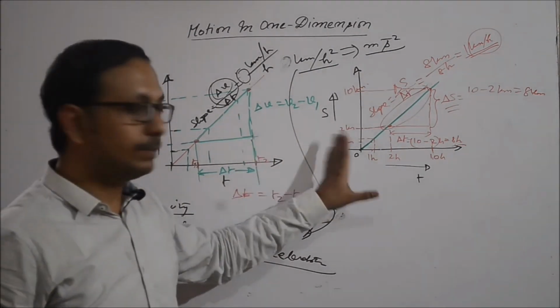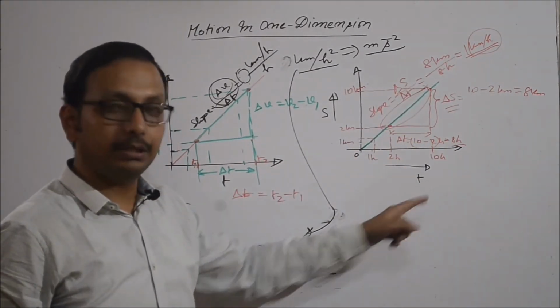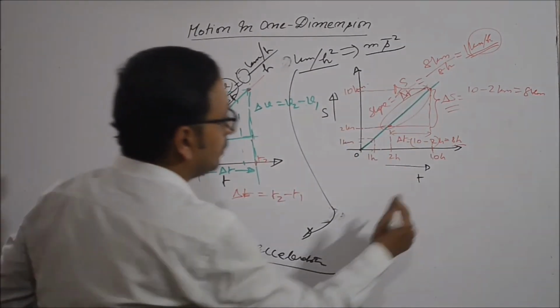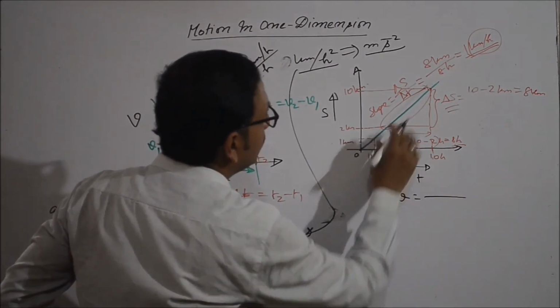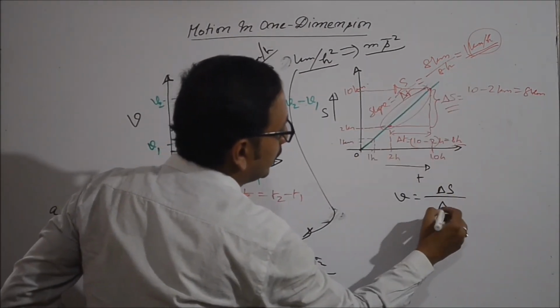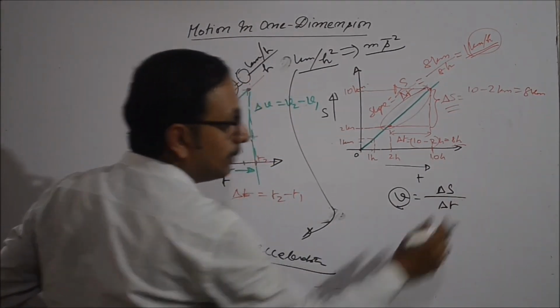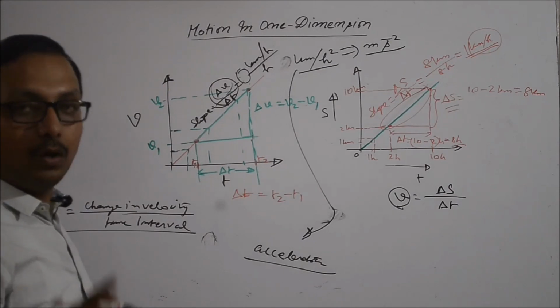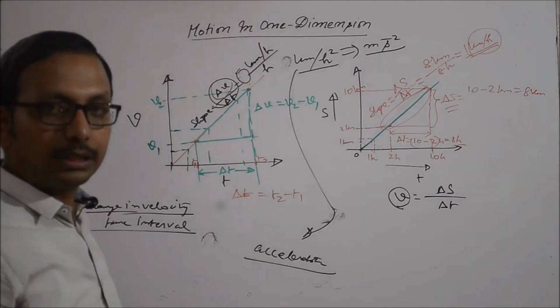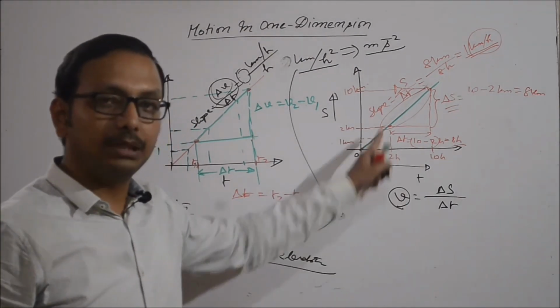This was your displacement time graph. If I find out the slope, I will be getting velocity over here. Velocity equal to, this was your displacement, del s, and this was your del t. So that is your velocity. Displacement by time, that is kilometer per hour or meter per second. So we are getting the unit of velocity from this graph.